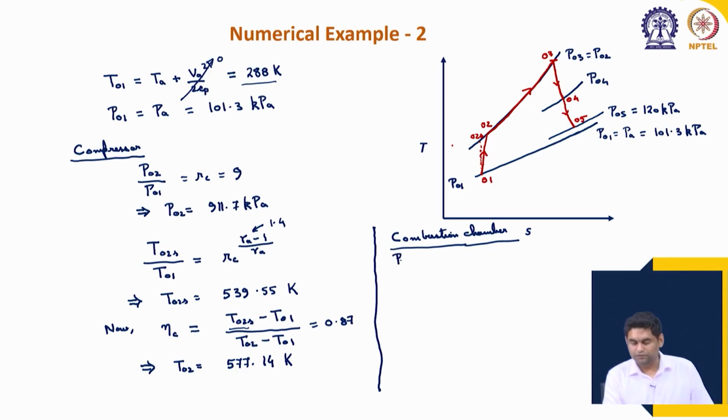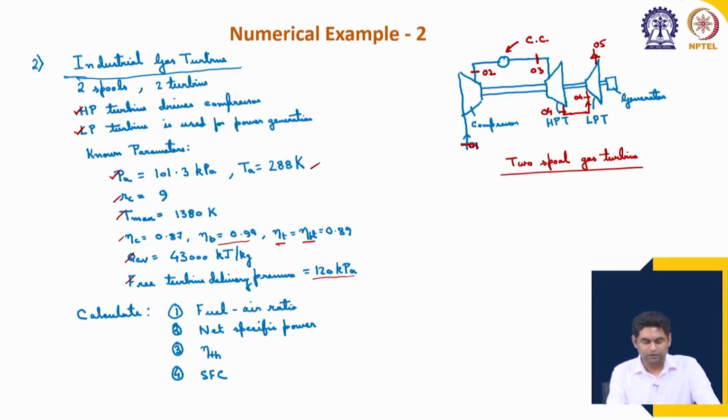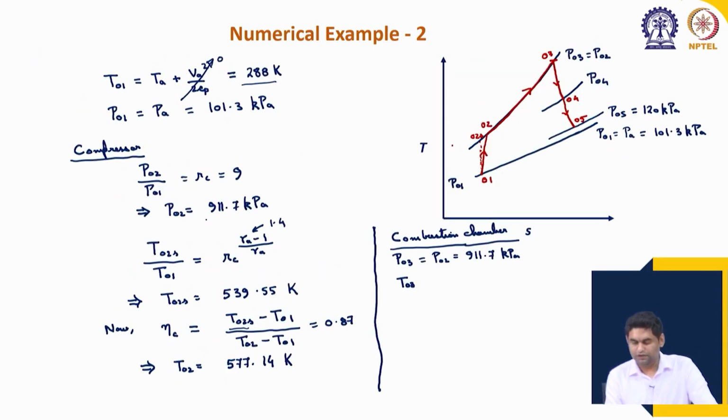P03 is known because there are no pressure losses, P03 equal to P02, which is already calculated by us, 911.7 kPa. T03 is also known. Why? Because the maximum temperature T max is given as 1380 Kelvin. Okay, so, that is the maximum temperature. So, that is what T03 is. So, this is equal to T max, 1380 Kelvin.